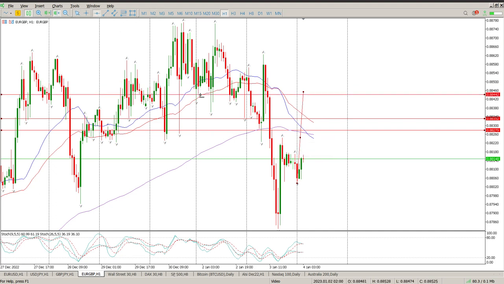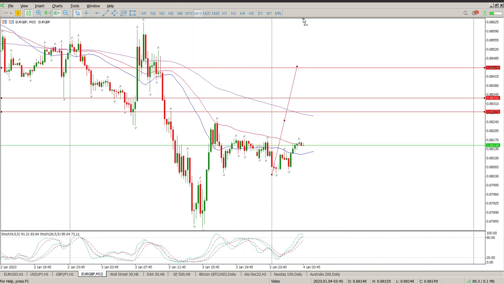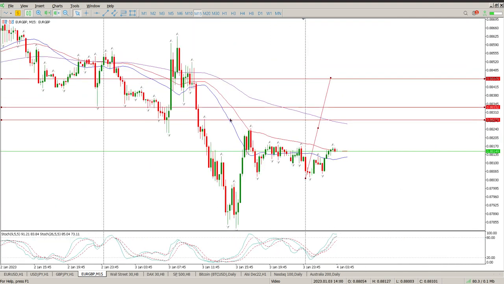Now there's no real structure to the left there, but you can see move up, flag, second move up, and you'll probably see that on a lower time frame a lot more clearly. Move down, flag, so if you start breaking above these tails here, then you're starting to look for a move up. But I just don't see any structure to the left for that to be playing out.